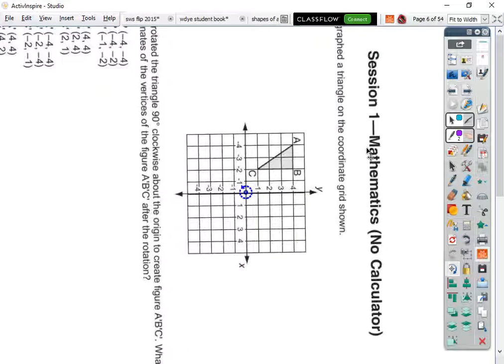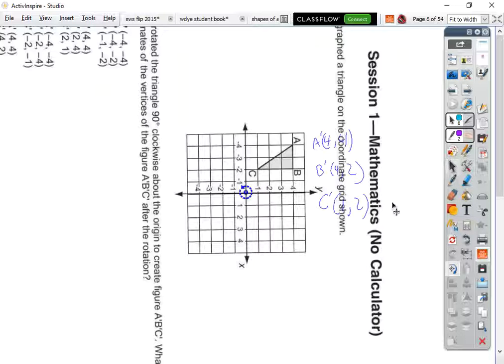So now we still have 1, 2, 3, 4, and the negatives are down here. So now we have B prime as 4, 2. A prime is 4, 4. C prime is 1, 2.